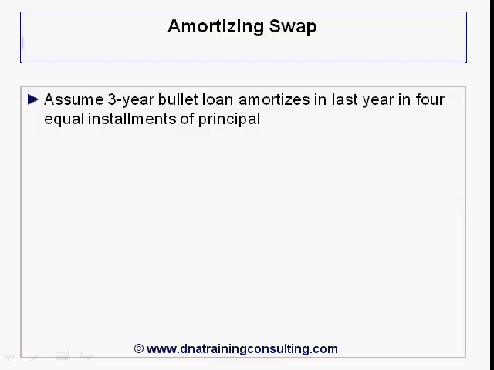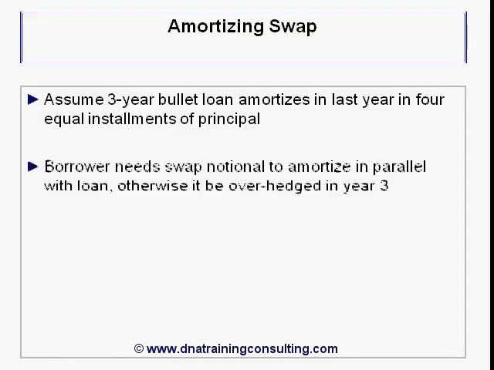Now assume that the original 3-year bullet loan that was being hedged with the bullet swap has been amended so that it now amortizes in its last year in 4 equal installments of principal. The borrower would obviously need the swap notional to amortize in parallel with the loan, otherwise it will find itself overhedged in year 3.